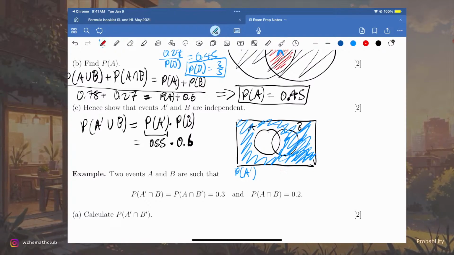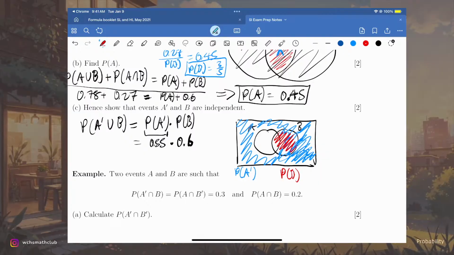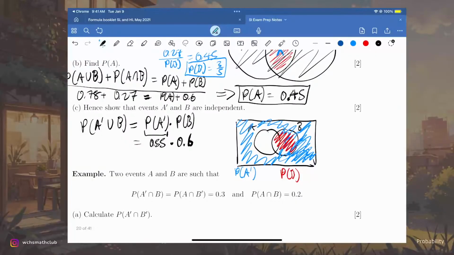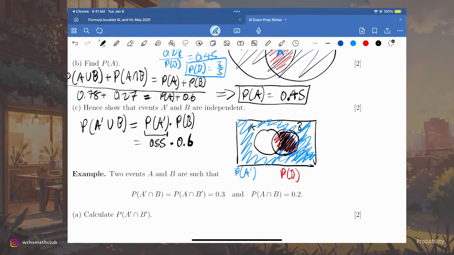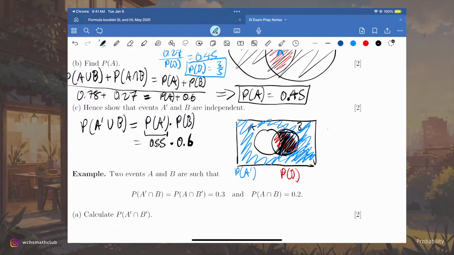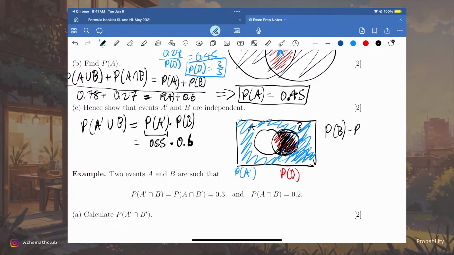And then B is just this middle part. So actually, you can easily see that the intersection is just this little section over here. And the way to calculate that section is just to do P of B minus the intersection of A and B.